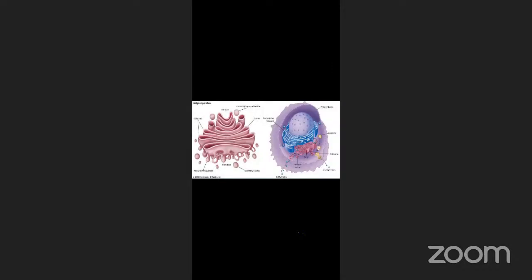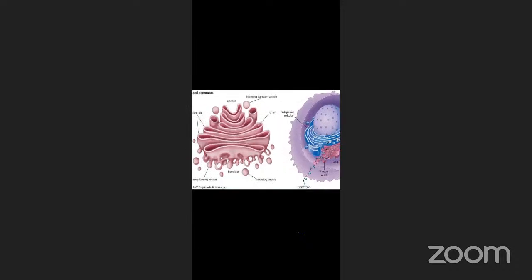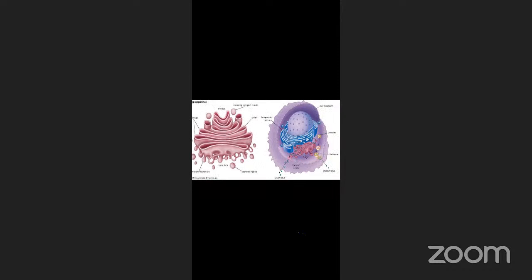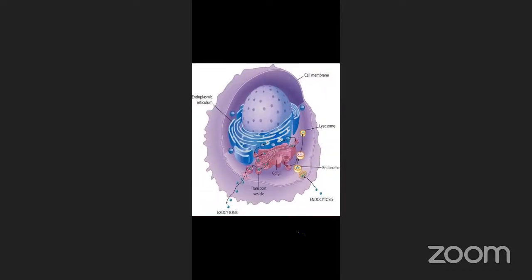So this is how the Golgi complex looks. Here you have the cis face and the trans face. The incoming transport vesicle enters through the cis face, and the vesicle with the packed protein exits from the trans face. So the secretory vesicle exits from the trans face. Here you can see how it happens.